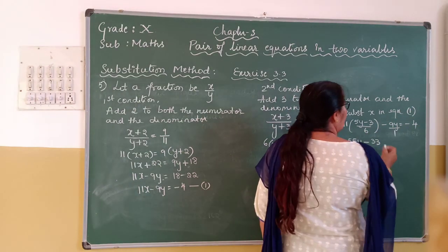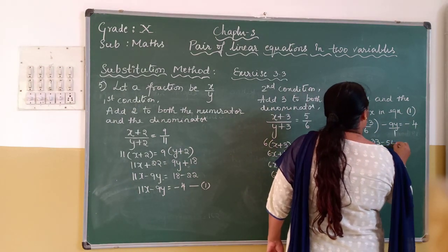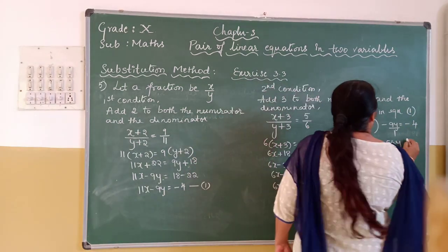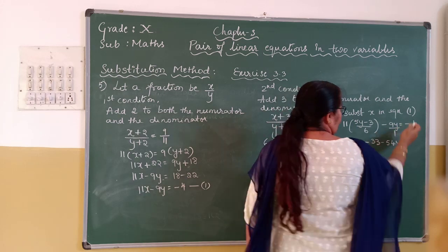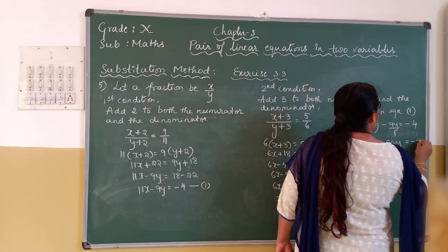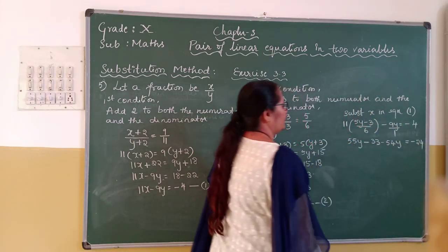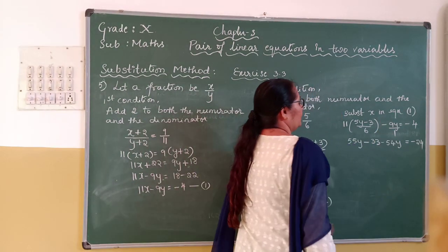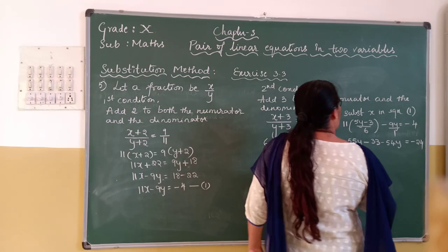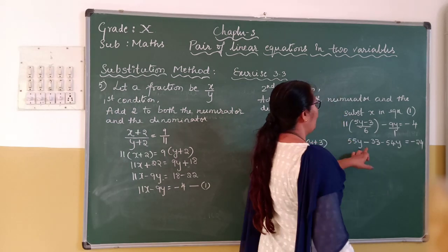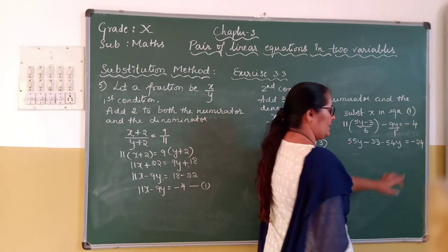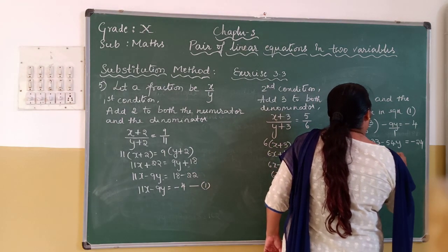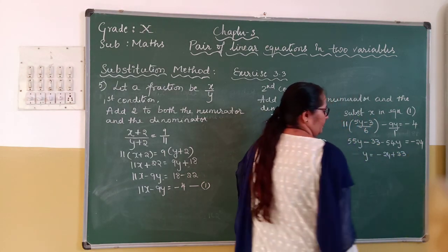So 6 9s are 54. Then equals 6 4s are 24, minus 24. Right? Now 55y minus 54y is y equals minus 24 plus 33.